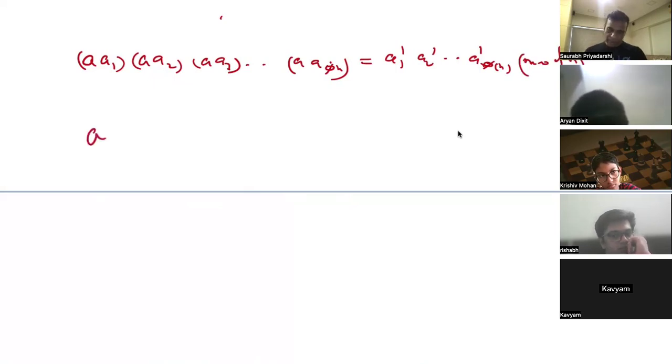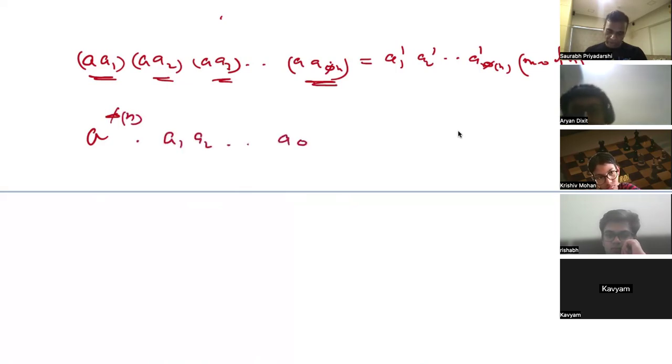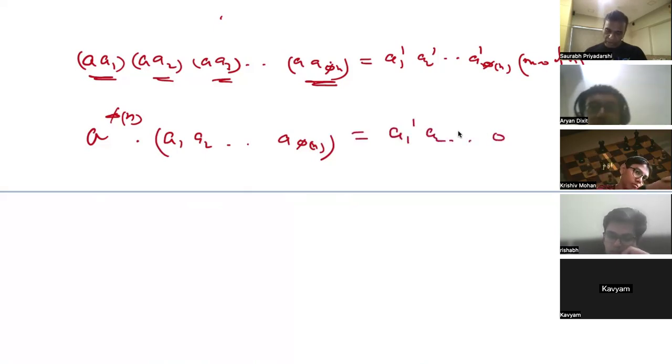Now I can write a, how many times am I writing this? Phi n times. So a to the power phi n into a1, a2, a3 up to a phi n is congruent to a1 prime, a2 prime up to a phi n prime mod n, right?